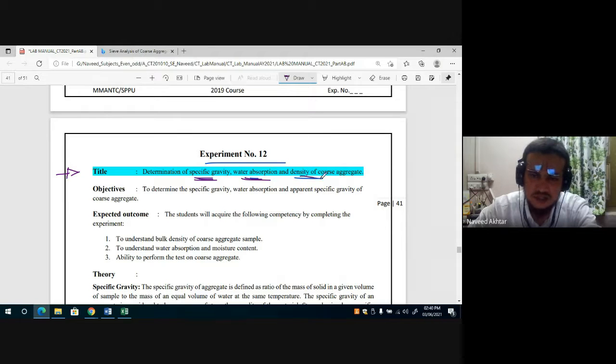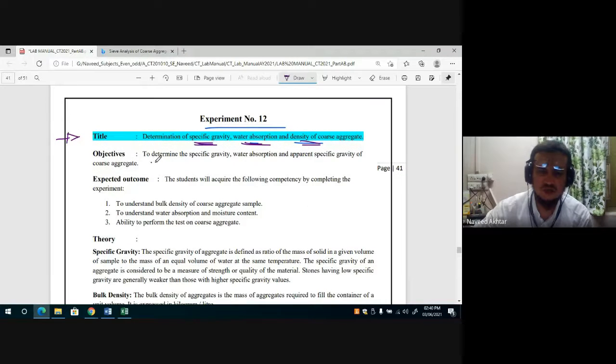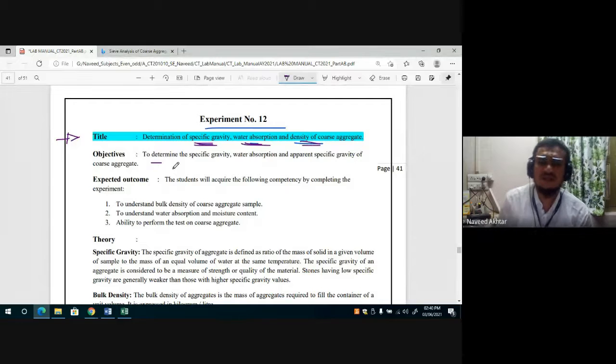We also need to know the bulk density of the coarse aggregate, and it is a very simple experiment to perform. The objective is to determine the specific gravity, water absorption, and apparent specific gravity of the coarse aggregate.